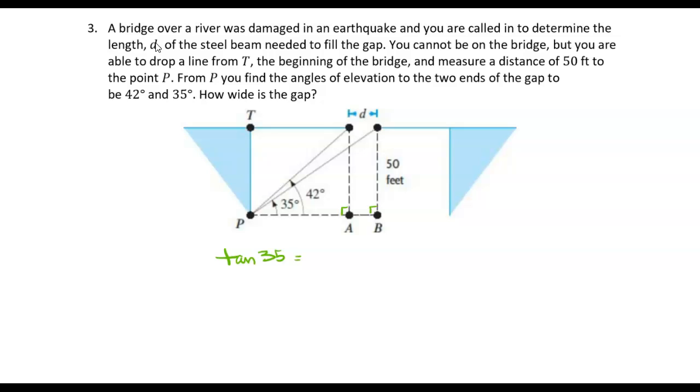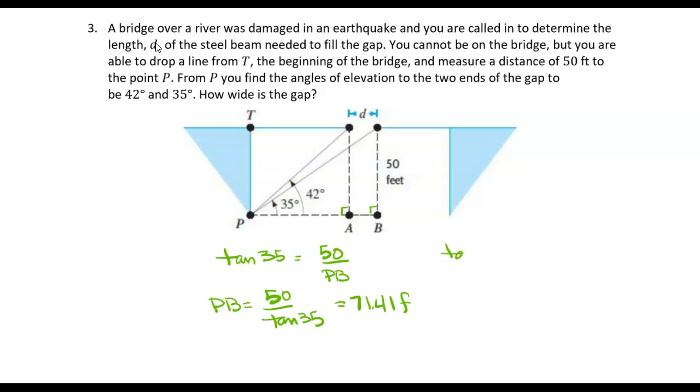So we'd have 50 feet over the distance PB, okay, the distance from P to B. And that would give us that PB is equal to 50 over the tangent of 35, which is 71.41 feet.